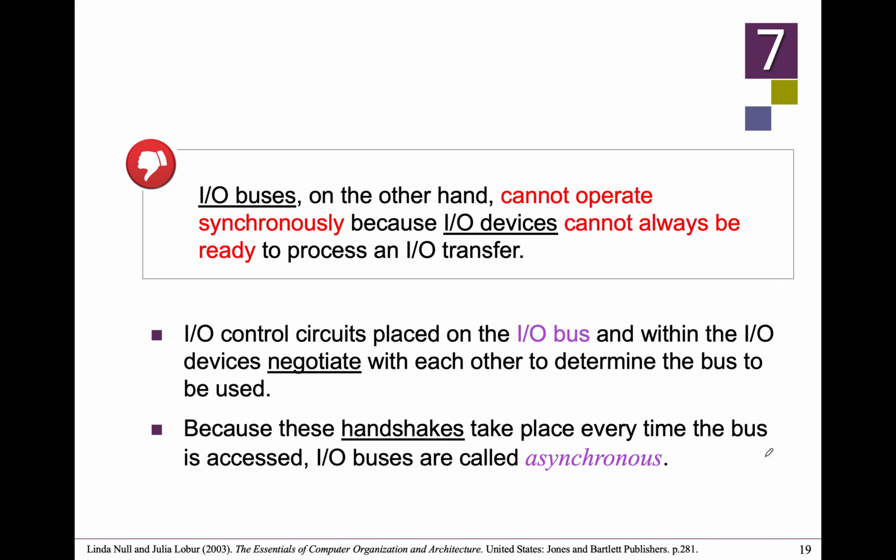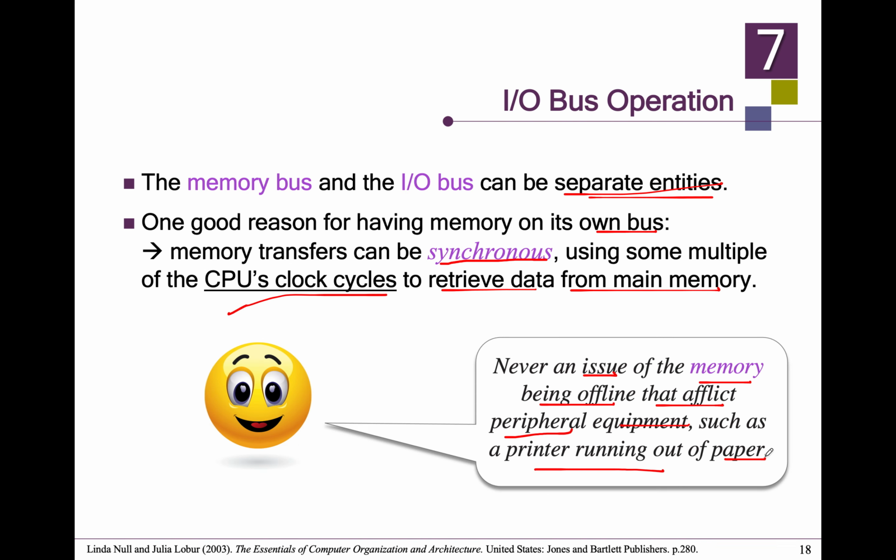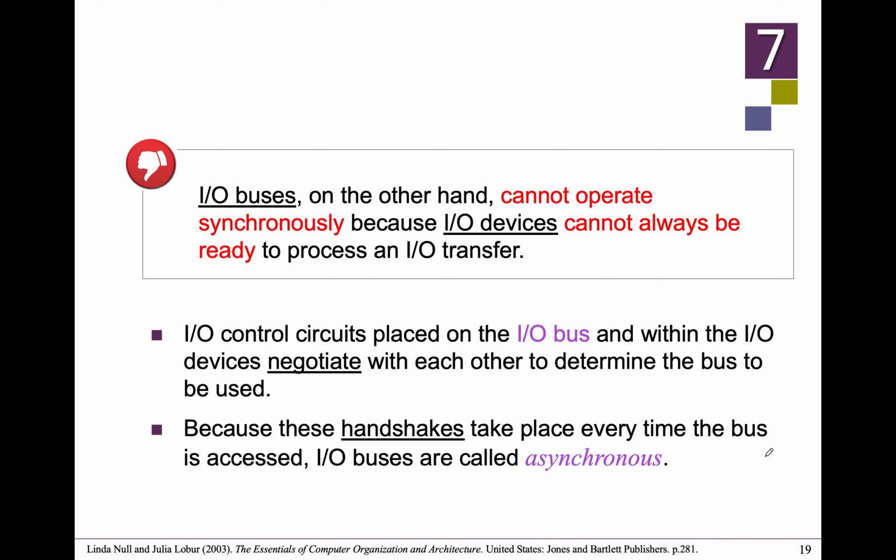So you can see after this, there is a list of the disadvantages of the I/O bus operations. The I/O bus, on the other hand, cannot operate synchronously with the I/O device, and it cannot always be ready to process the I/O transfer.